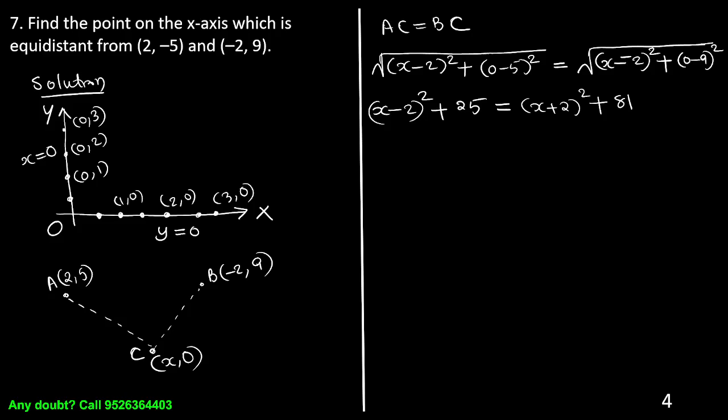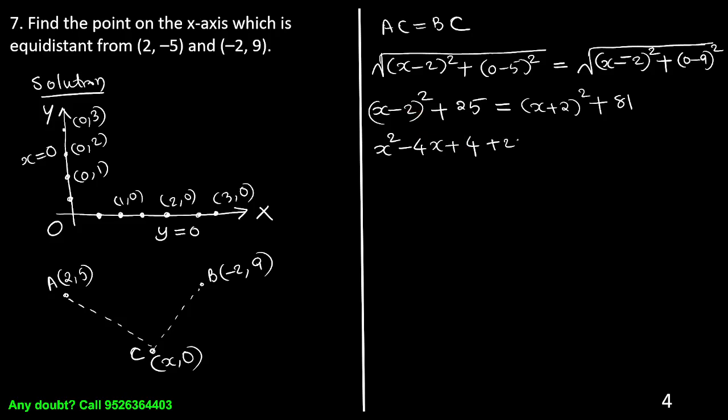So let us expand both sides. Here it is (a minus b) all square form, correct? (a minus b) all square is a square minus 2ab plus b square. Have you understood that? (x minus 2) all square: a square will be x square, minus 2ab, 2 into x into 2, 4x. b square will be 4.